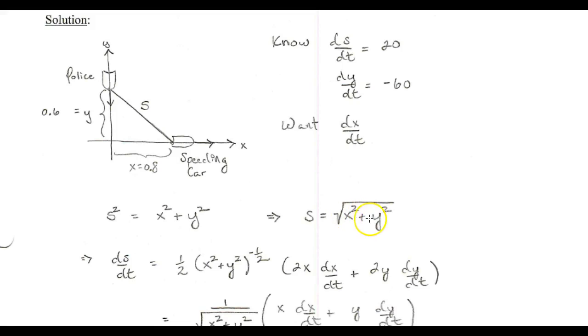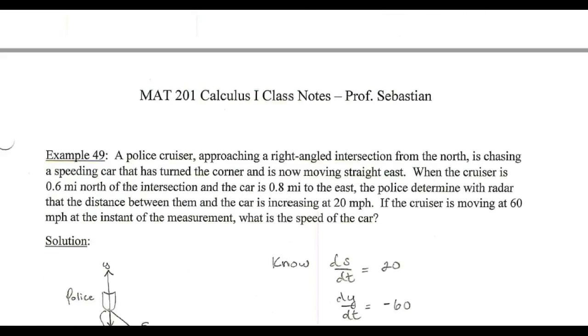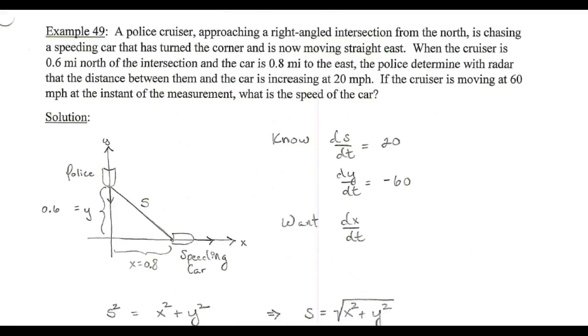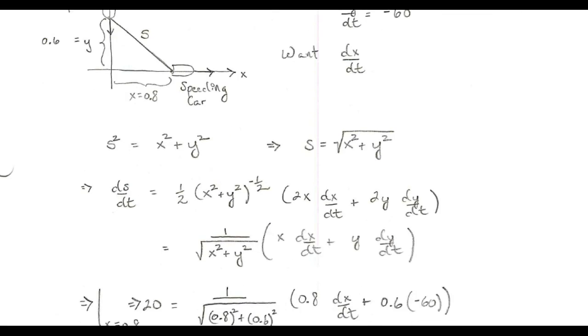I know dy/dt, I know x, I know y. I'm told that at the moment, the distance between the police cruiser and the intersection is 0.6 miles, and x is 0.8 miles, the car speeding away to the east. And I know dy/dt because the police cruiser is minus 60. So all I want is dx/dt out of that.